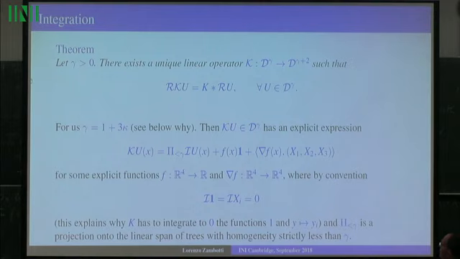Now there exists a unique linear operator K from D gamma to D gamma plus 2. The 2 is because we are in the Green kernel setting, otherwise it can be more general, such that R K of u is equal to K convolution R of u.